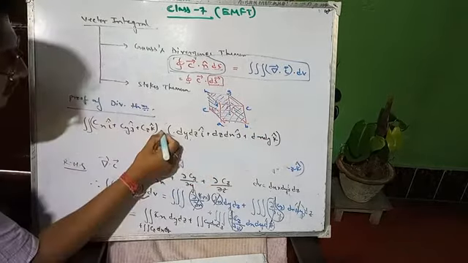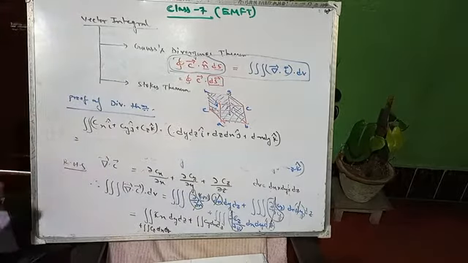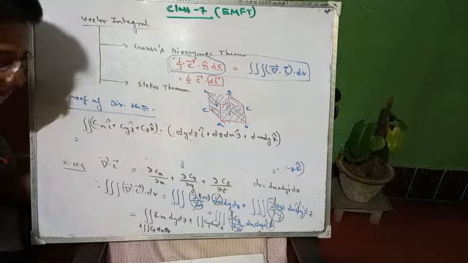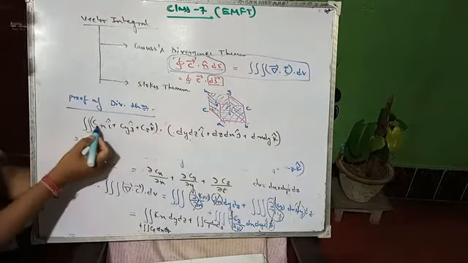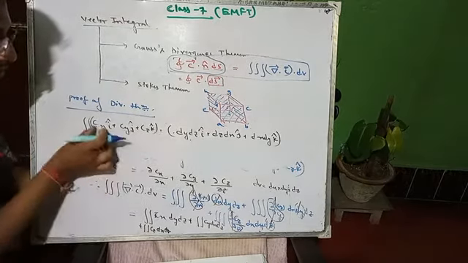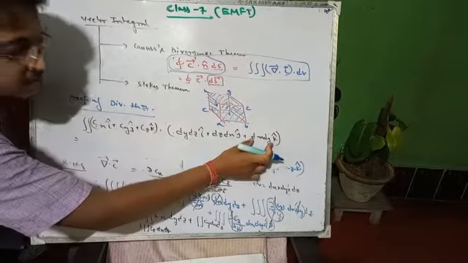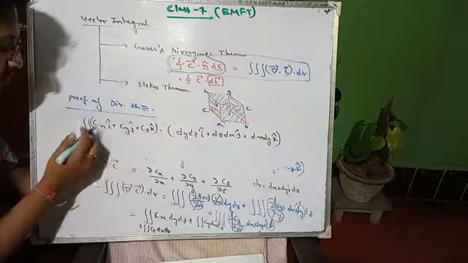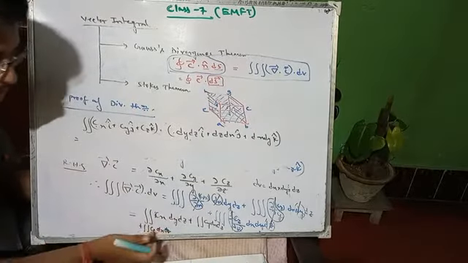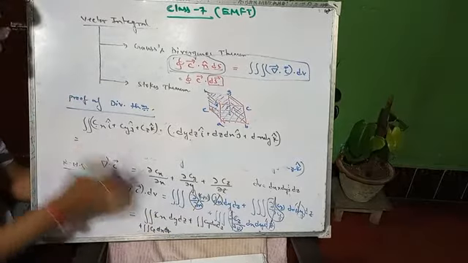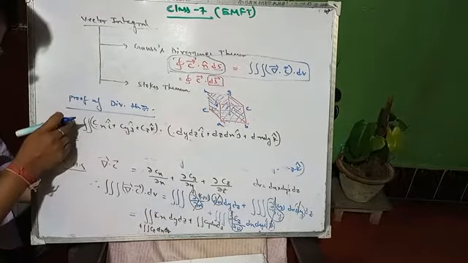Why? Because it is a dot product. If we expand this dot product, the same expression will come. Cx i cap dotted gives 1, Cx into this one, Cy into this one, and Cz into this one only. So the remaining terms are just the previous line, and this line can be expressed this way.